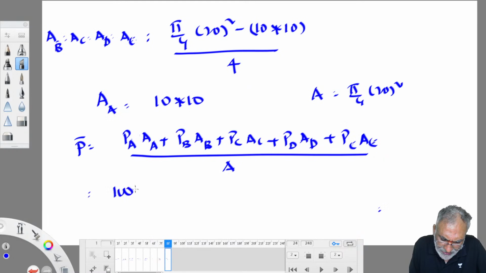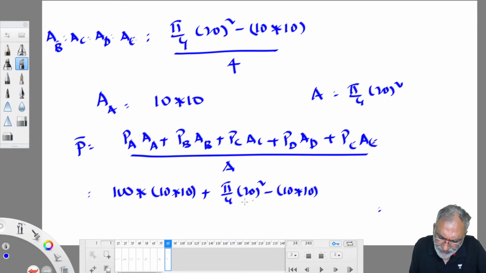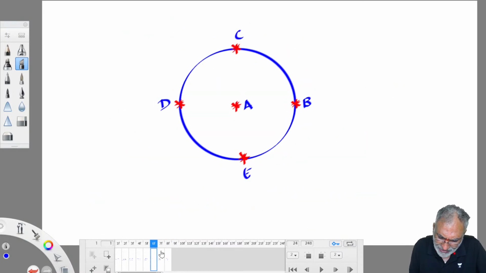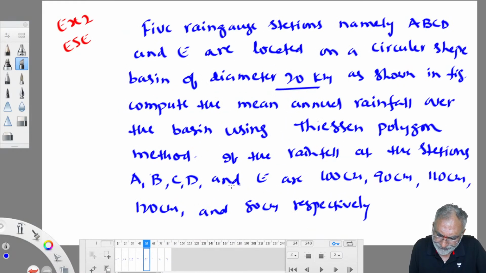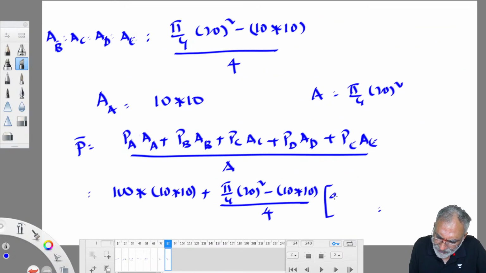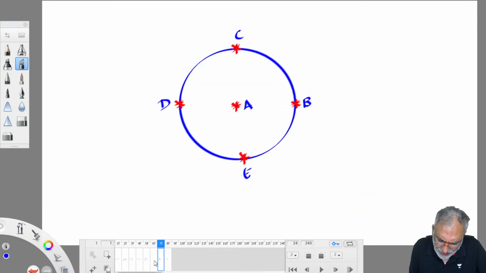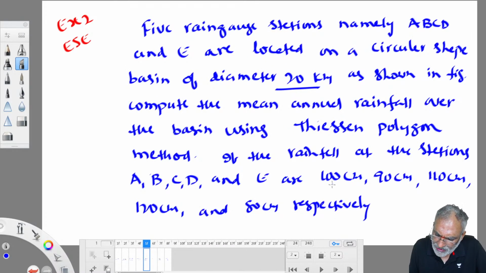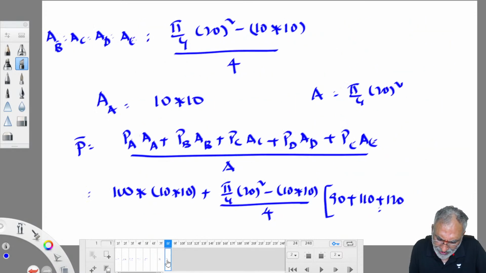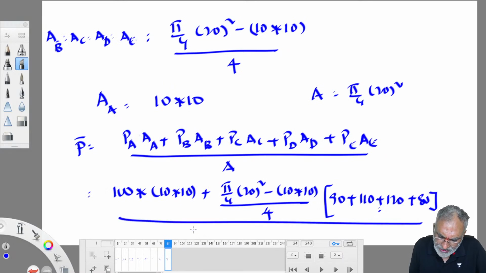So it is 100 into 10 into 10 by 4 into, PB is different, PC is different, but the areas are the same. So 90 plus 110 plus 120 plus 80. He was given 100, 100, 90, 110, 120, 80, by the total area of the circle, pi by 4 d square.